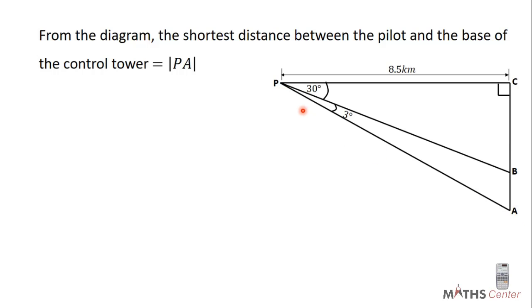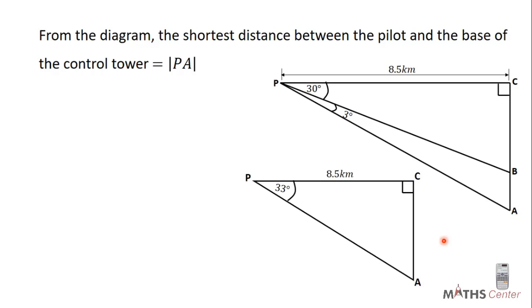PA is part of the triangle PCA. So if we draw this small right angle triangle PCA, we will know that the total angle here is 33 degrees. From P to C is 8.5 kilometers, and we want PA.